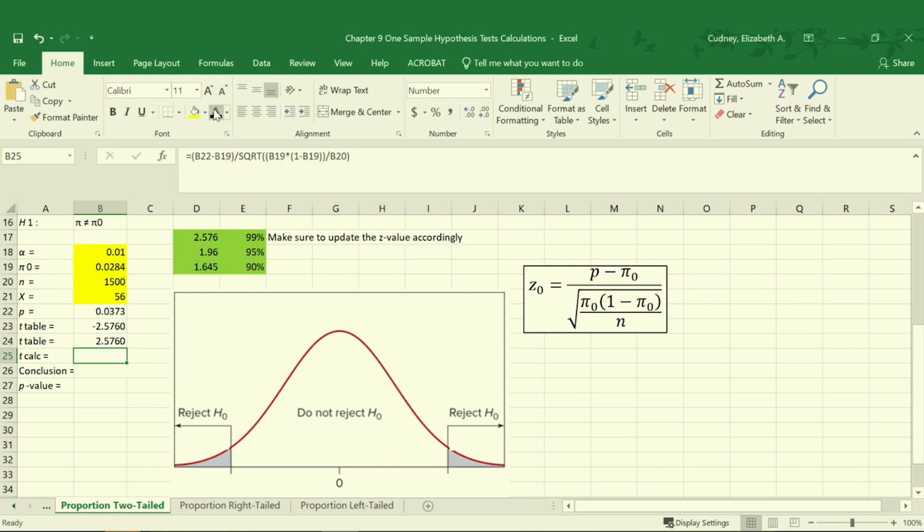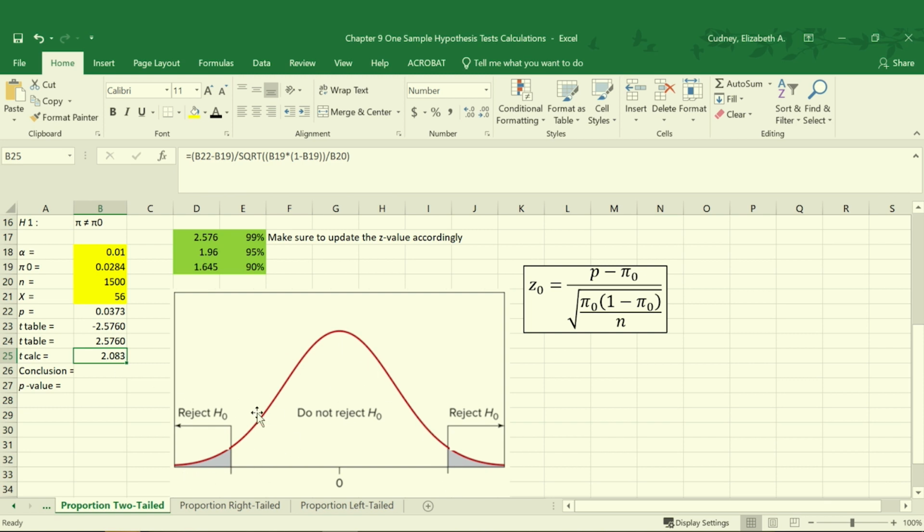Our t calculation will be our value of P from cell B22 minus pi naught from cell B19, divided by the square root of pi naught multiplied by 1 minus pi naught divided by n, and the square root of that value. That calculation gives us a value of 2.083.